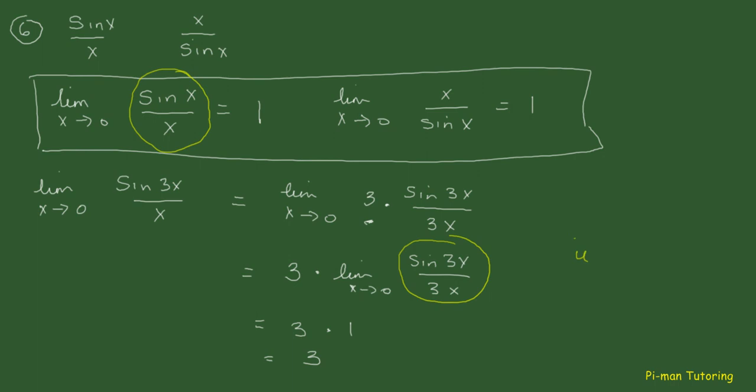If you put in u equals 3x, then you would write the limit as u tends to 0 of sine u over u. And we know that this is equal to 1. So that's a simple way of solving that kind of problem.